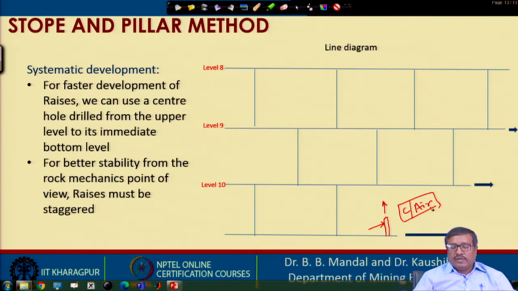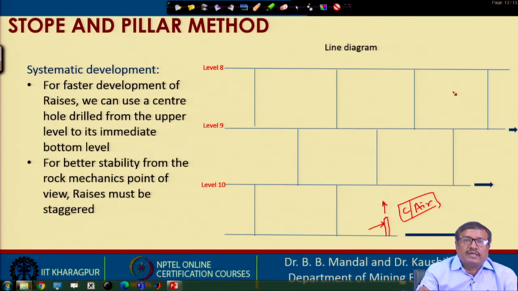So, there are certain methods nowadays available, some mechanization has been done, very good methods. Before making any raise, the raising is a procedure that starts from the bottom level and goes upwards.